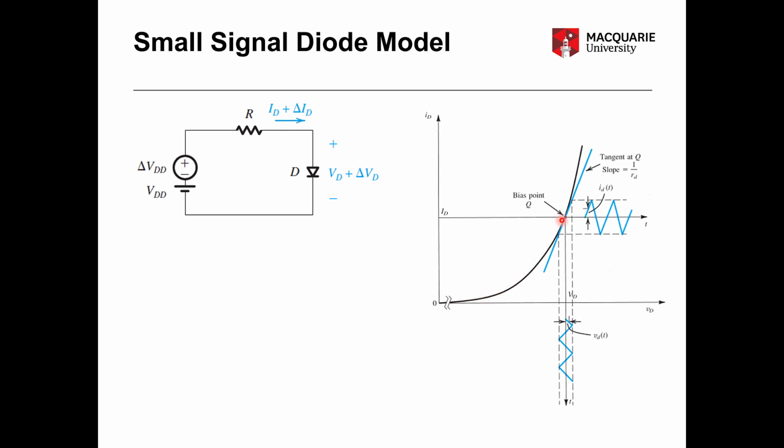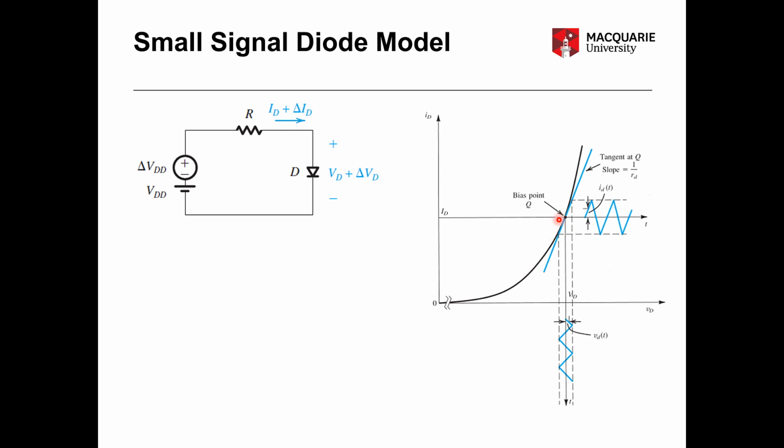But if we're operating around a small part of that curve, such as the bias point shown here, then as long as we're in this small voltage region, so this is our delta VD limits, we see that the associated change in current can be approximated by this blue straight line. So therefore, if we're operating only in this region, we can assume linearity, and that makes everything a lot easier to work out.